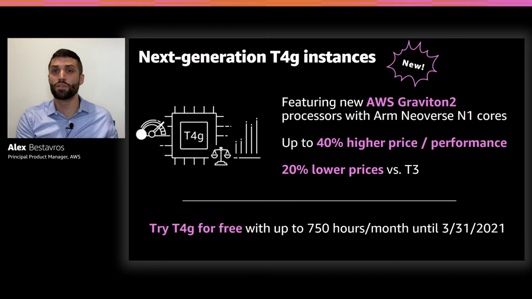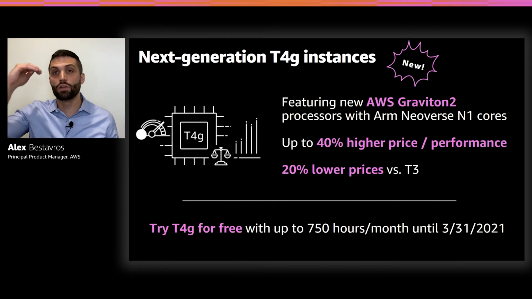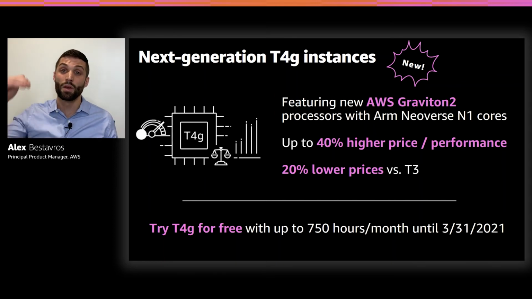Compared to T3, these give you up to 40% better price performance and 20% lower cost. That's a significant amount of performance benefit when your workloads are active and they really need that performance. And then when you think about cost savings, which is really what I was trying to tell you earlier to put in your head as the first way to think about the burstable instance type, 20% lower price. This almost becomes a no-brainer type of offering to evaluate.